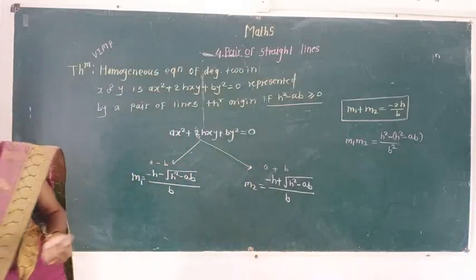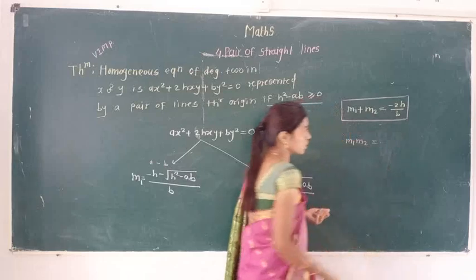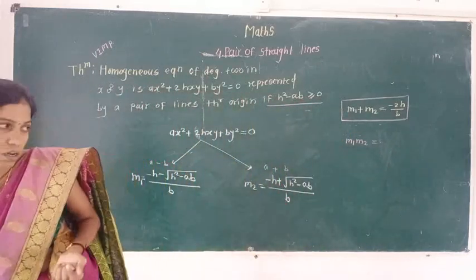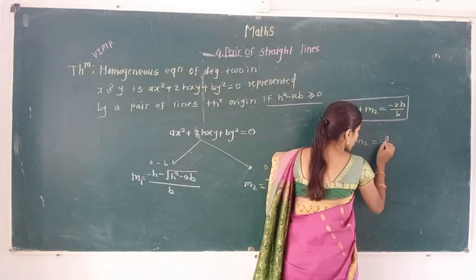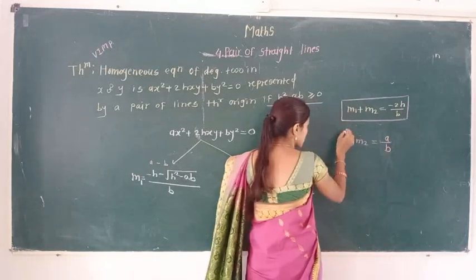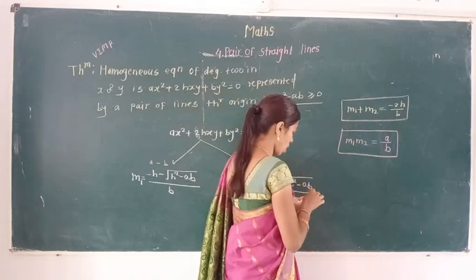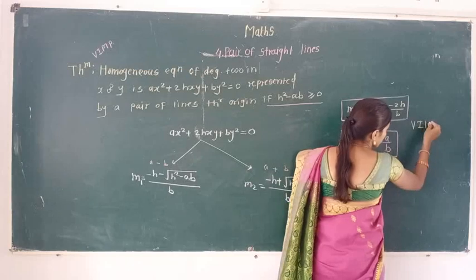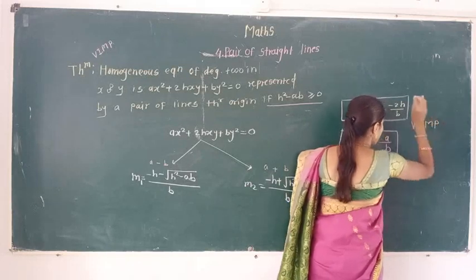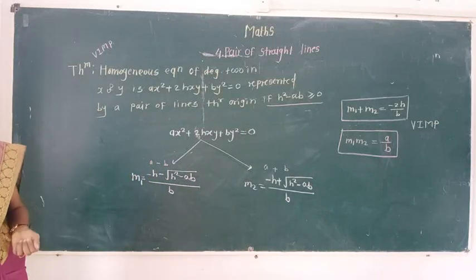Now after simplifying this ratio we get ab divided by b square, that is a divided by b, and it is the product of slopes, and these two are very important results.